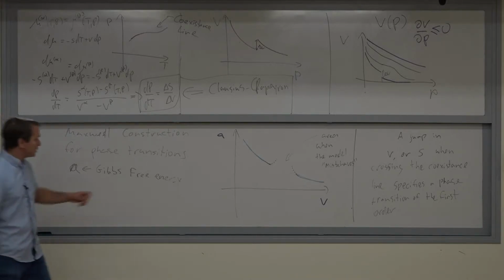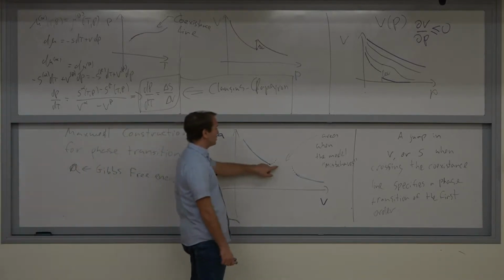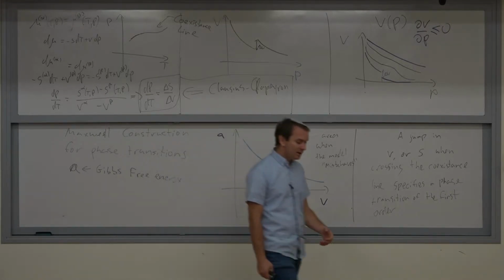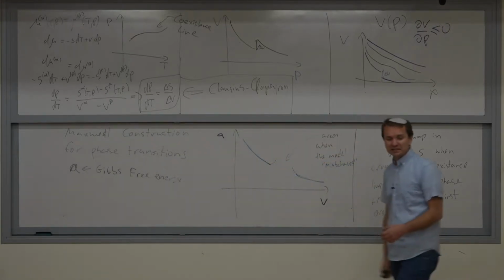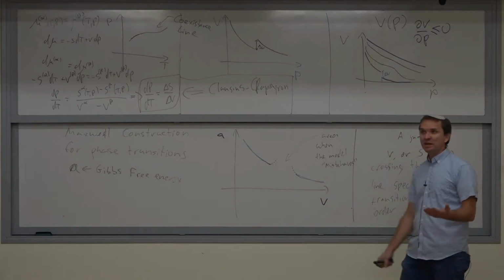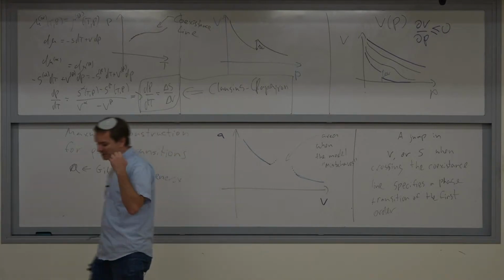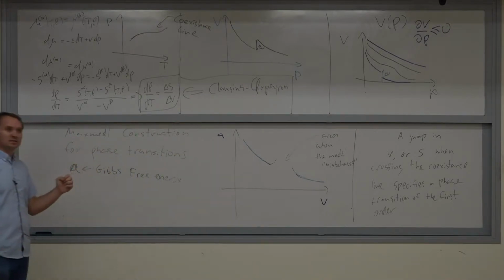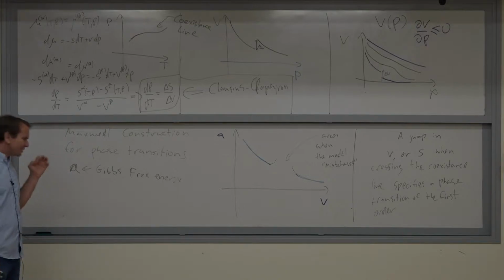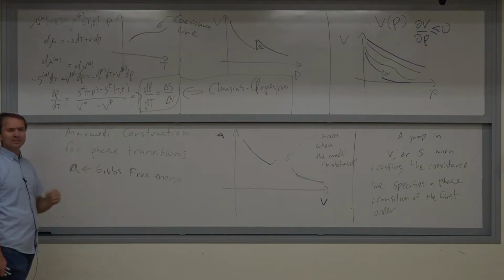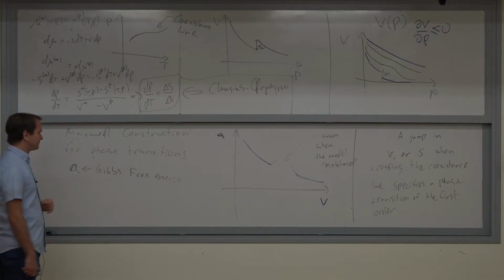Maybe not exactly at this point, maybe somewhere here, the second derivative of A with respect to V is positive or negative. And remember, we have very strict consequences that come from the signs of the derivatives or the second derivatives. Why? Because they are actually defining the stability of the equilibrium.